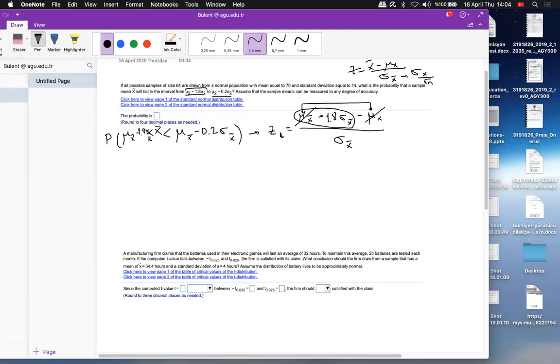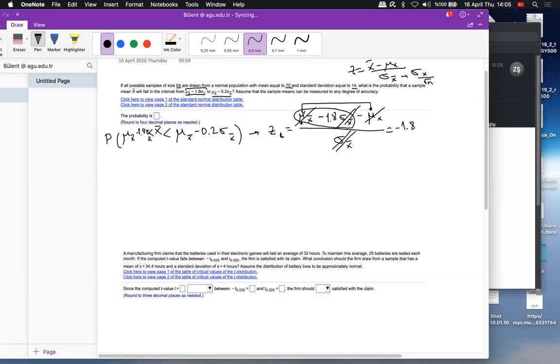What do I have? Minus 1.8 sigma X bar divided by sigma X bar. These will also go, so there is nothing left. So what do I have? Minus 1.8. Okay? I didn't use any 70, 14, 64. I directly implemented the Z formulation, going from X bar to Z, okay? This is what we have done here.